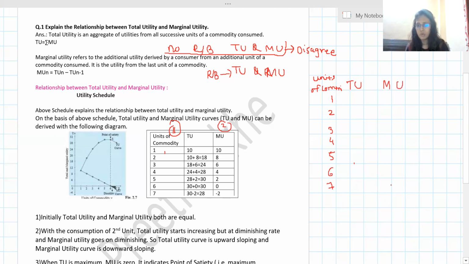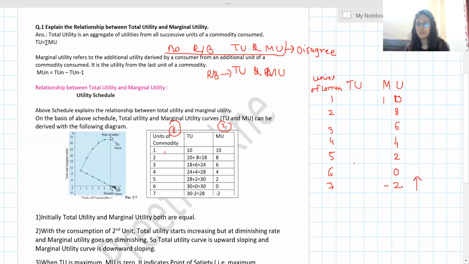For writing MU, do one thing. At the end, we will write -2, then 0. There is a difference of 2. And you can write the table of 2: 2, 4, 6, 8, 10. Sorry, we will write 10 like this. So the sequence, writing from below, is -2, 0, 2, 4, 6.